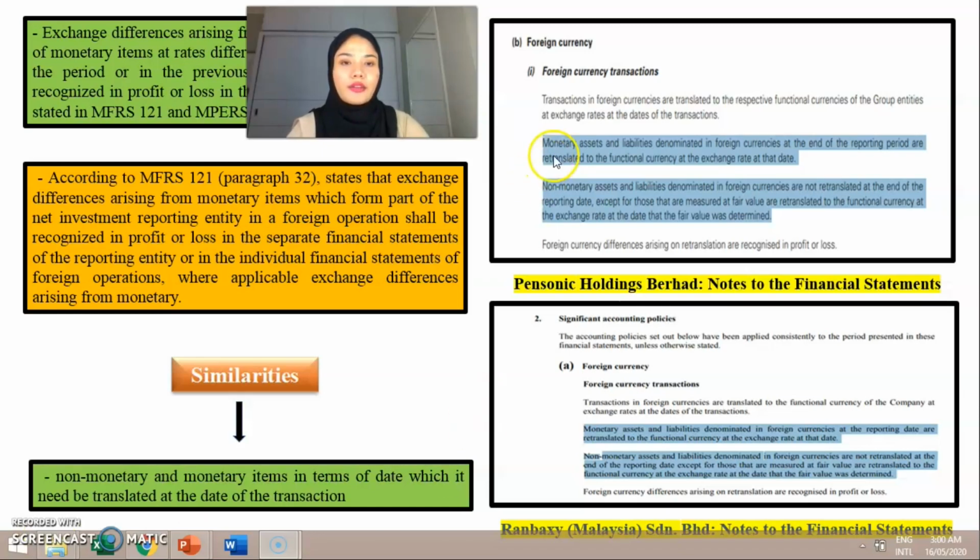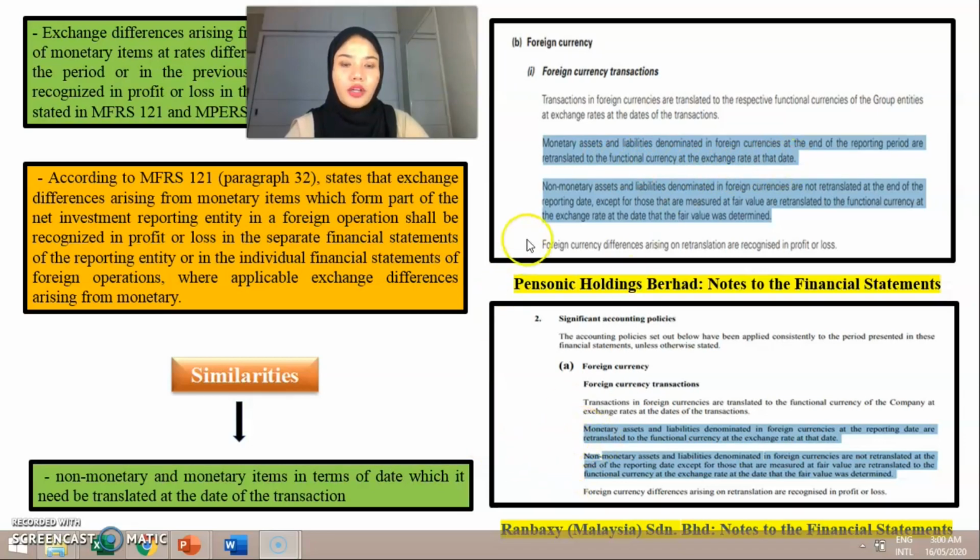We can look at this: monetary assets and liabilities denominated in foreign currencies at the end of the reporting period are retranslated to the functional currency at the exchange rate at that date.